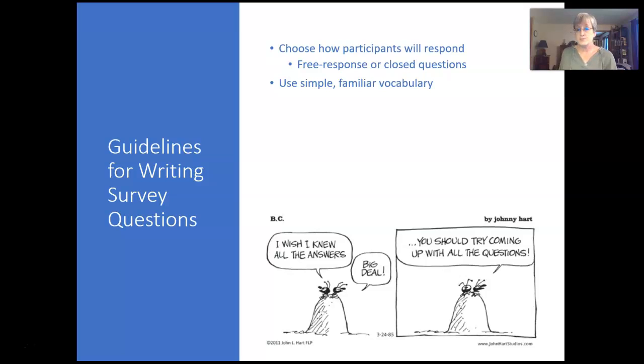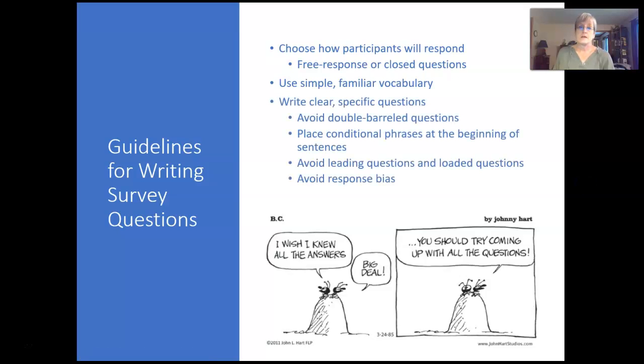Because the last thing that you want is for people to consistently be confused by the questions that you write. Not only does it encourage people to stop participating, but it also makes it unclear what they're responding to.